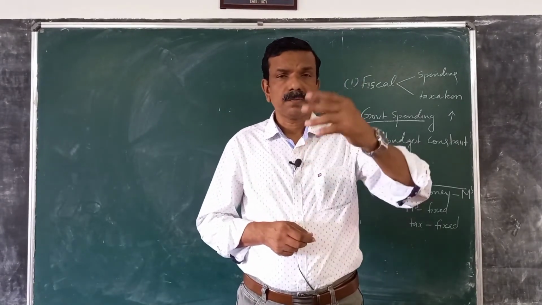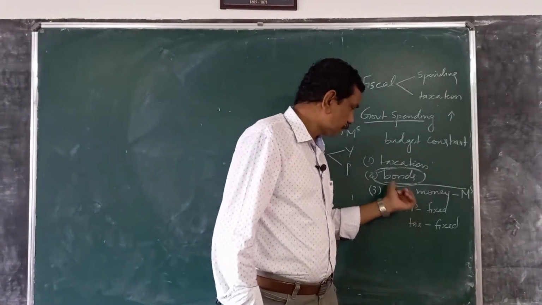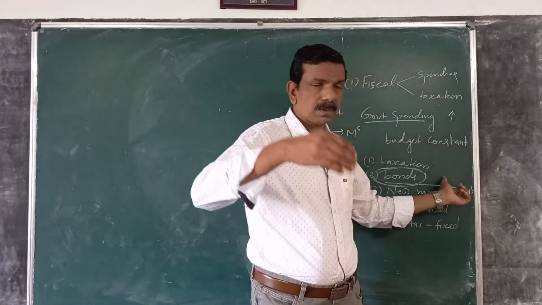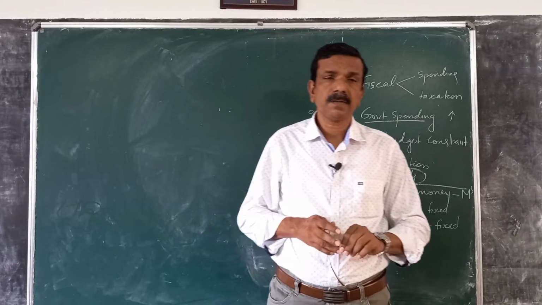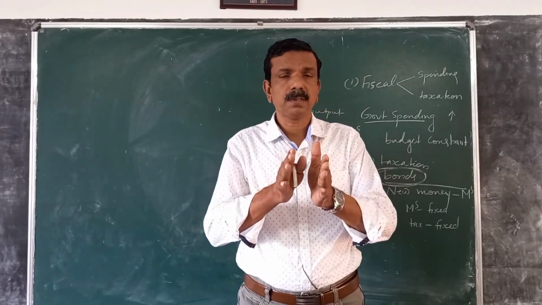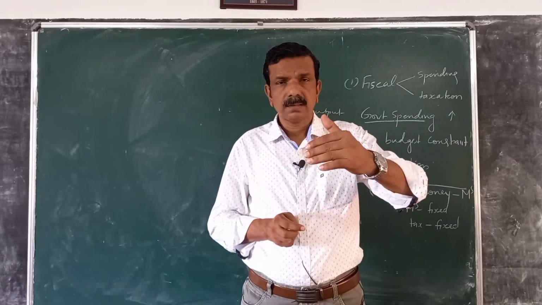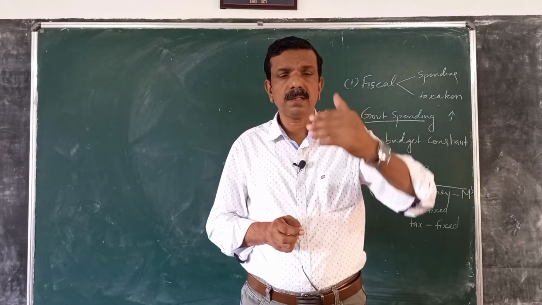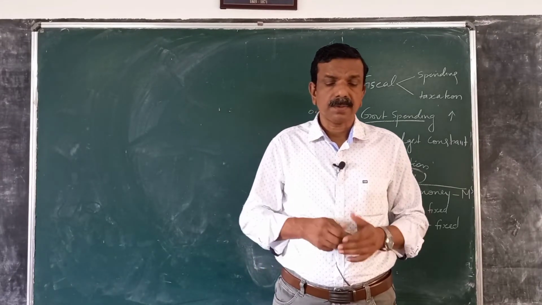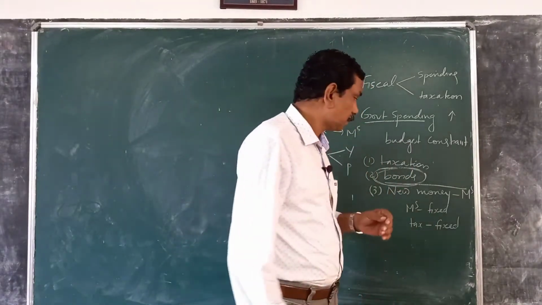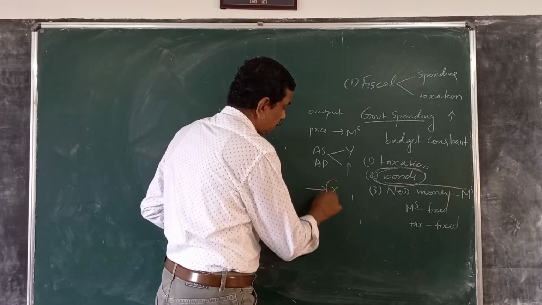Now, in order to see why government spending, which is financed by selling bonds to the public, will not affect equilibrium values of output, employment or price level, we have to examine how an increase in government spending affects the rate of interest.